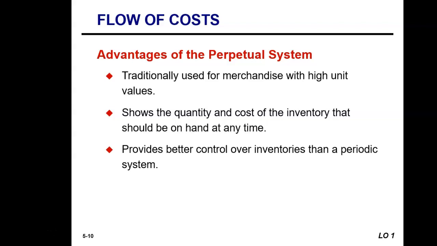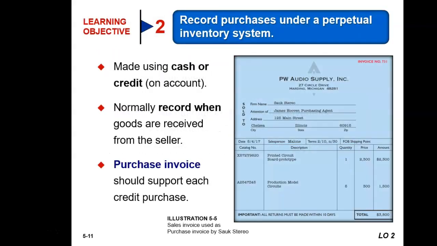Also, there's better control over the periodic, because with the periodic inventory system, we make the assumption that if an item is not there, that it was sold. But was it really sold? Because sometimes inventory seems to grow legs and walk out of places. Keep that in mind. So we're going to go through a few transactions with the perpetual inventory system.